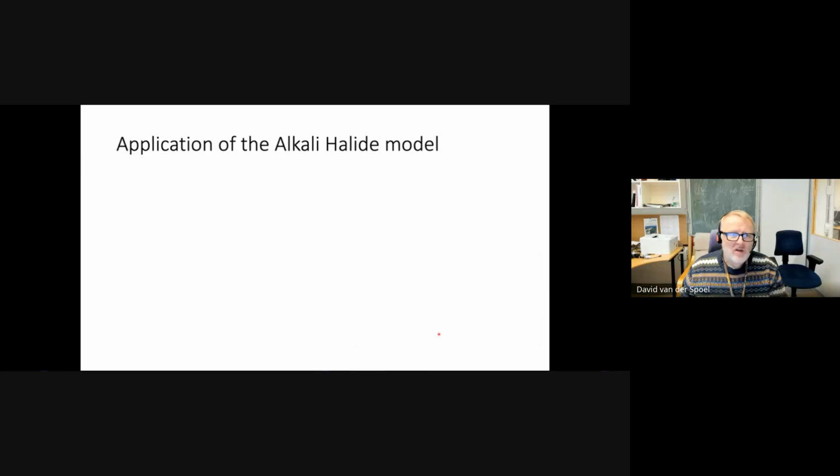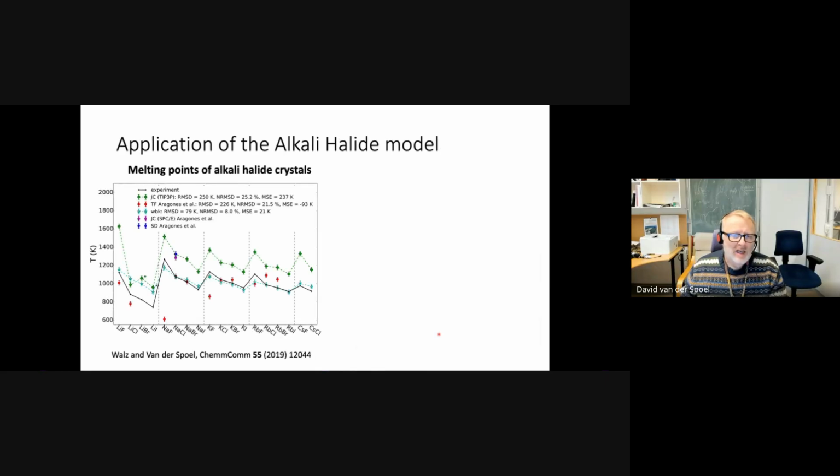All right, so then we took this model and we did a couple of applications with it. So here's one where we actually looked at the melting point. Typically phase transitions are really difficult to model, but I think we did okay here. The black line is experiment, and on the x-axis you have all the different salts, first lithium salts, sodium, and so on.